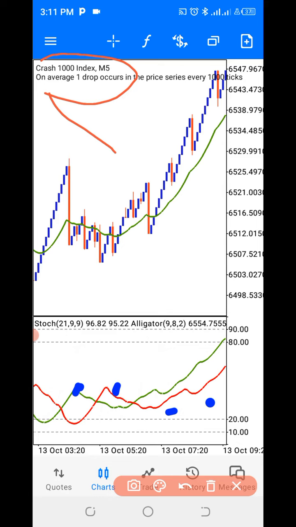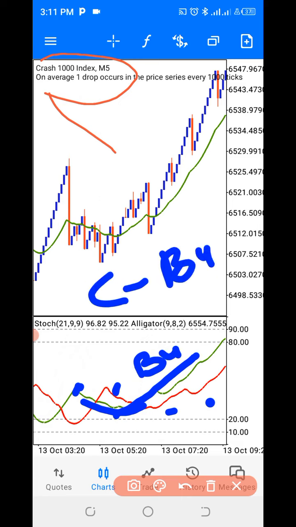So the green moving average has to cross the what? The red upward like this, signifying that we are in a buy. Remember that on Crash 1000 we'll actually be buying, not selling.